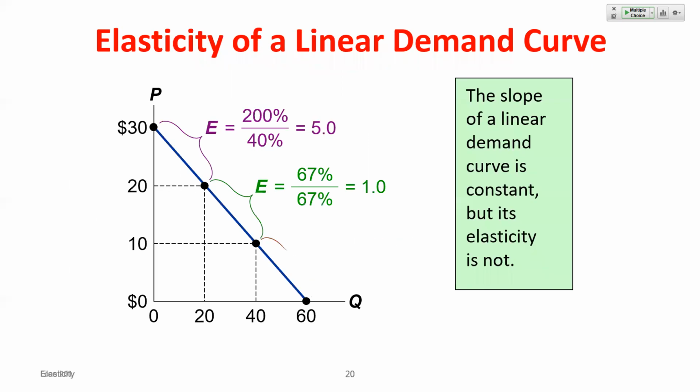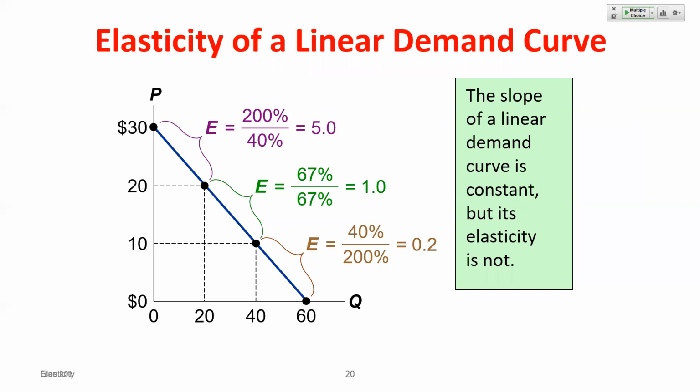But looking at this demand curve, as I move to the right and continue to decrease the price, it goes from being elastic to inelastic. Once I get down somewhere like here, if I keep lowering the price, that now decreases total revenue. So I don't want to keep lowering the price once demand becomes inelastic.